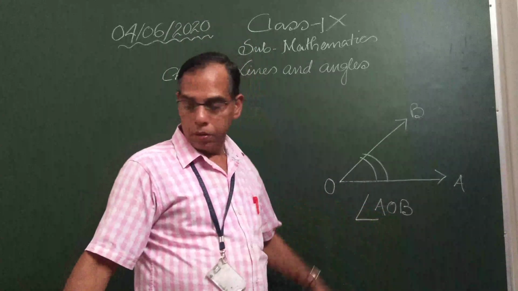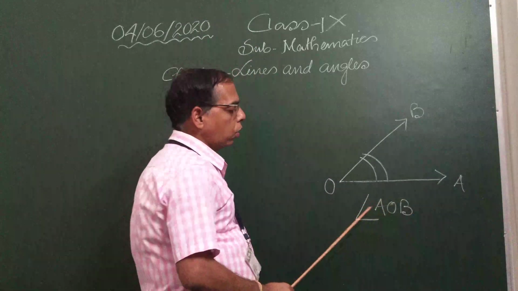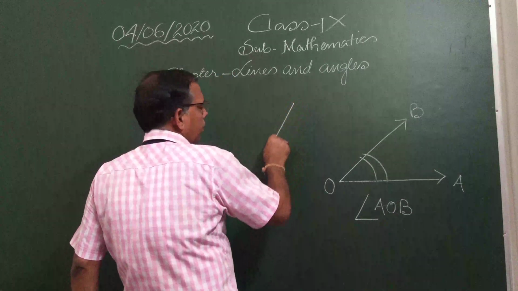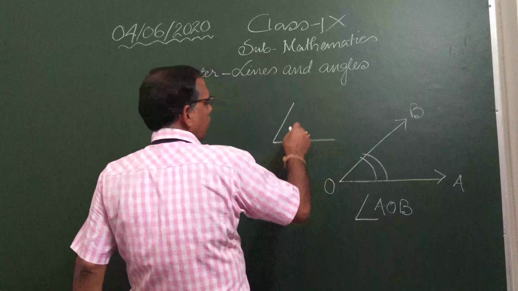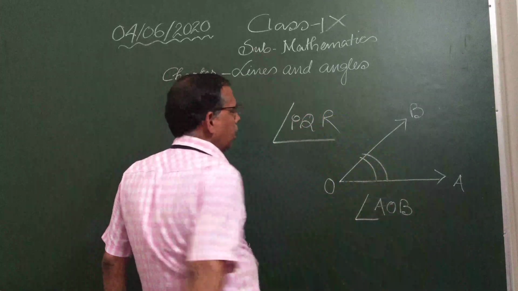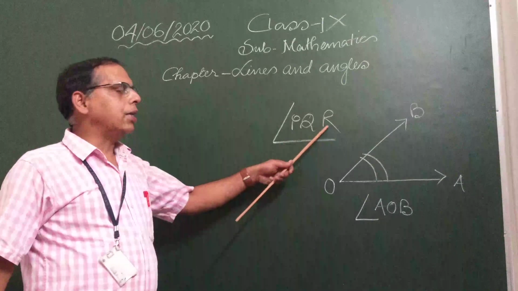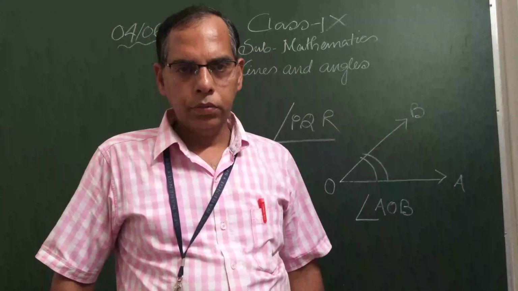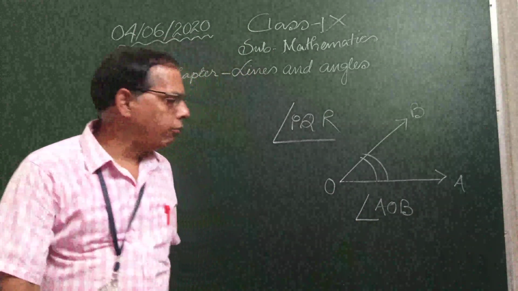Angle is not formed at A or at B. If I write P, Q, R, here P is not the angle, R is not the angle, Q is the angle. The middle one is the angle. Okay? This is the symbol of angle.